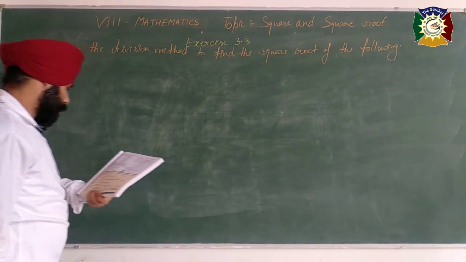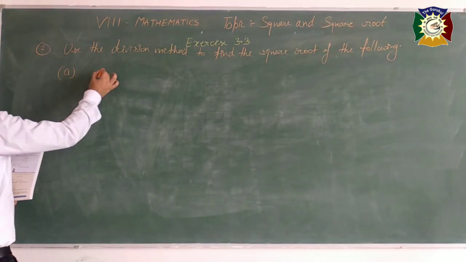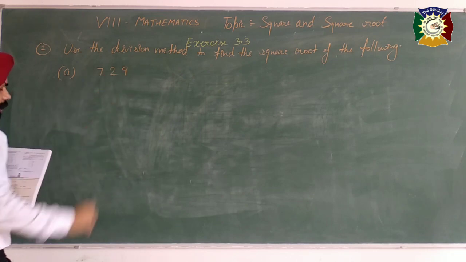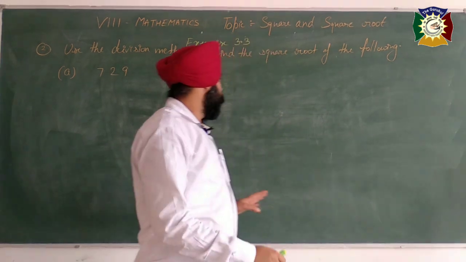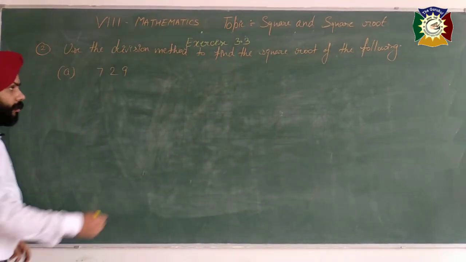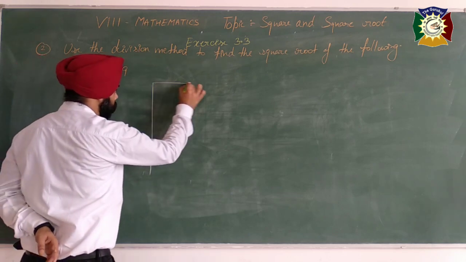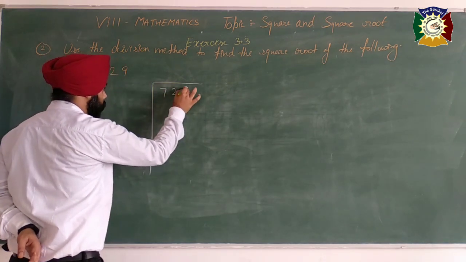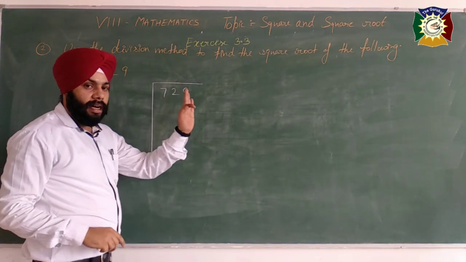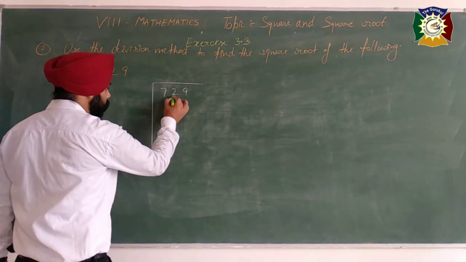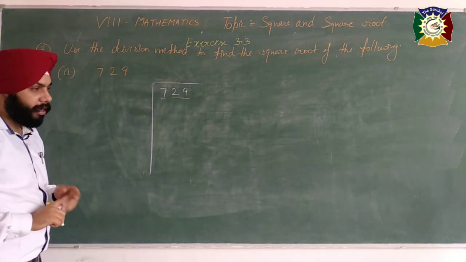So I took one more question, A part, 729. We have to find the square root of this number. For this, first of all write down this one in this manner, 729, and the very first single digit also take as a pair here.